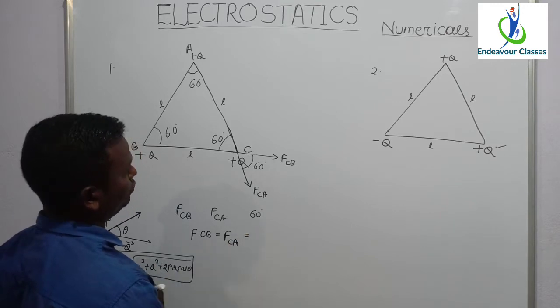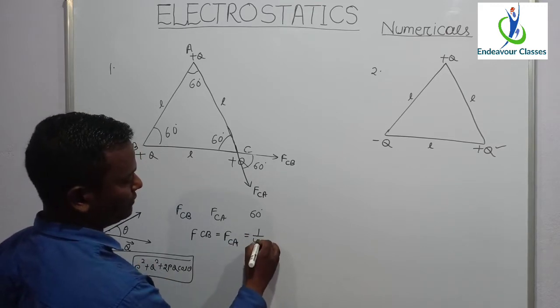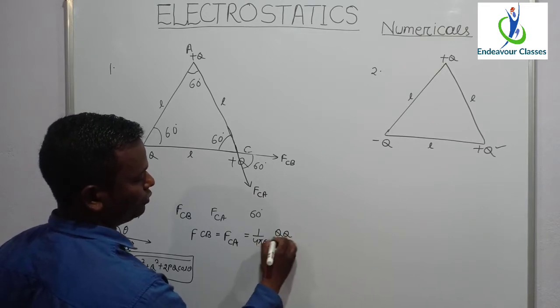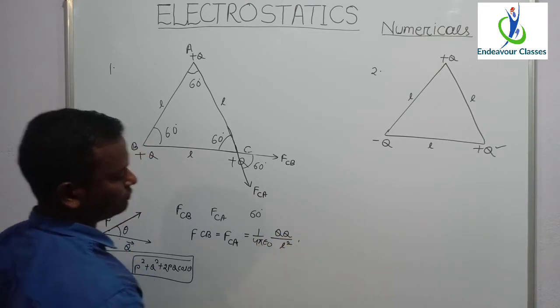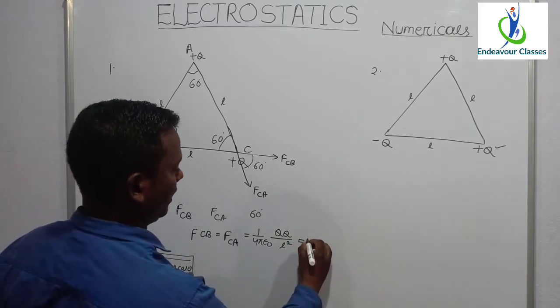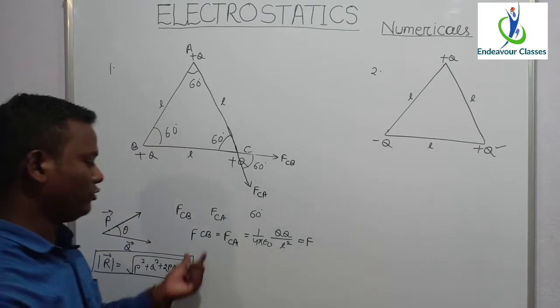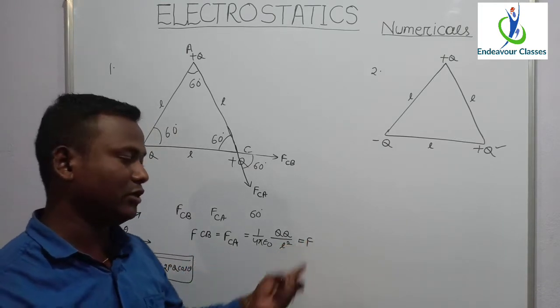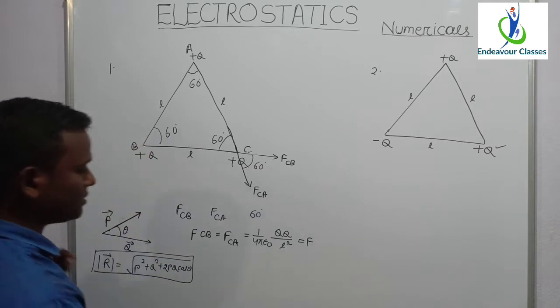That will be equal to 1 by 4 pi epsilon naught, Q Q by L square. Now let this force be equal to F for assumption. As both the forces are equal, let us assume that FCB is equal to FCA is equal to F.